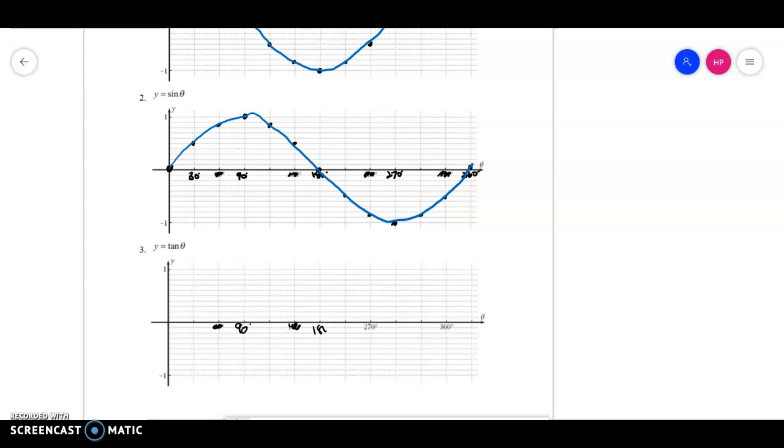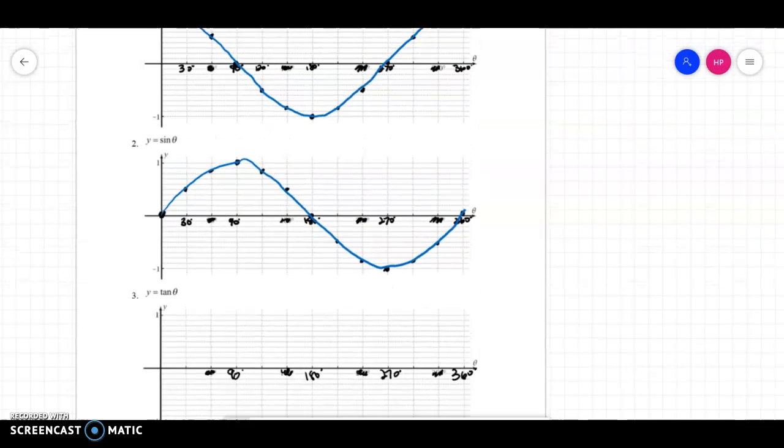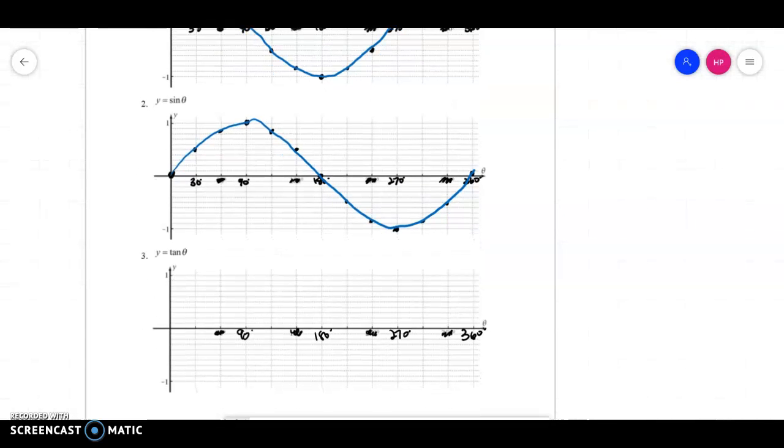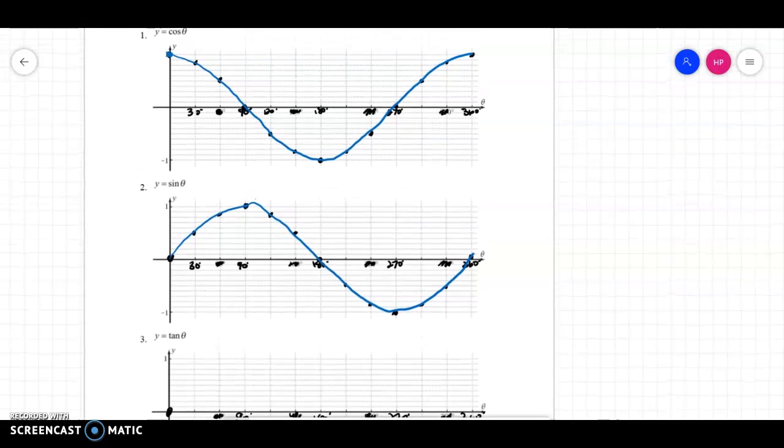We've seen it in some other work that we've done, some other problems, that if I'm going to take sine divided by cosine at each of these values, then for example at 0, the tangent would be 0 divided by 1, which is fine, that's just 0. But then I'm going to run into issues at, say, 90 degrees, where the sine is 1 and the cosine is 0.